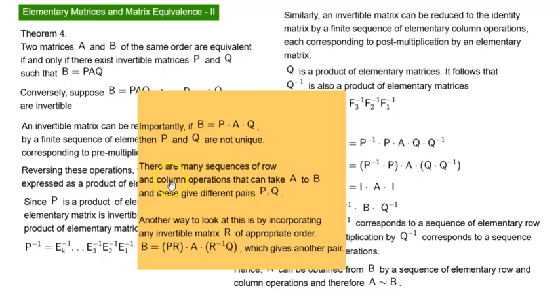There are many sequences of row and column operations that can take A to B, and these give different pairs of P and Q. Another way to look at this is by incorporating any invertible matrix R of appropriate order. So we can say B is equal to P times R times A times R inverse Q, which gives another pair. That was elementary matrices and matrix equivalence part 2.